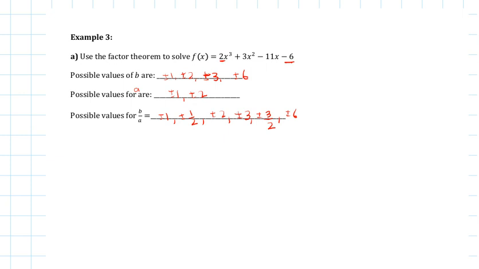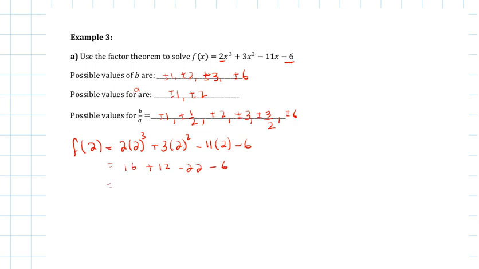If I plug in 2, so 2 to the power of 3 plus 3 times 2 to the power of 2 minus 11 times 2 minus 6. So that's going to be 8 times 2, that will be 16 plus 12 minus 22 minus 6. That's going to give me 28 minus 28, so that's going to be 0.